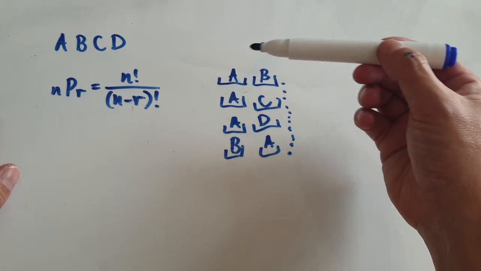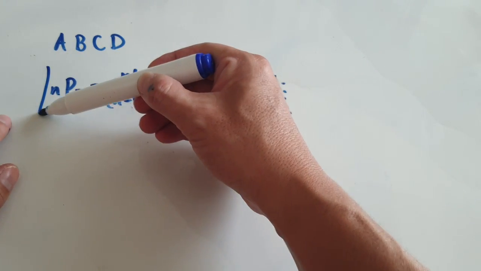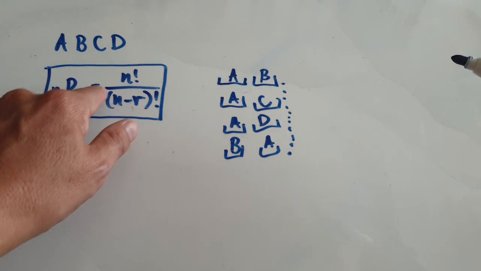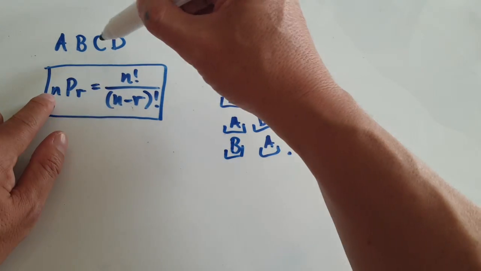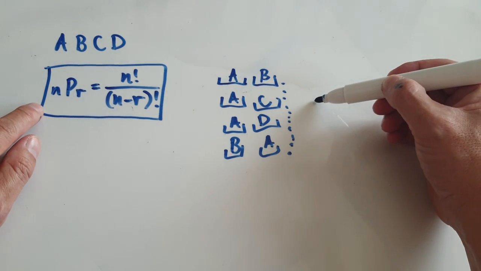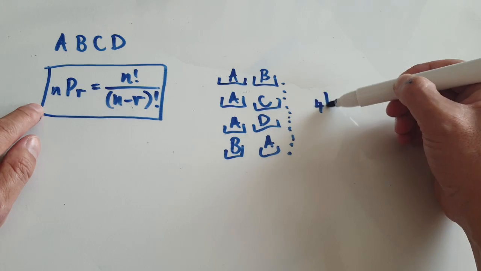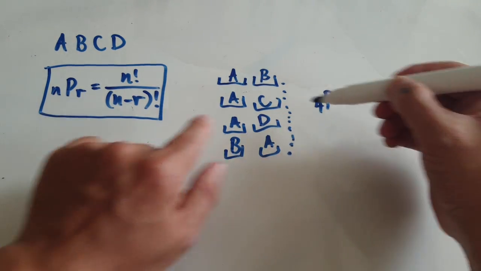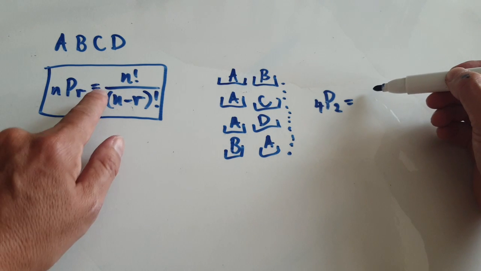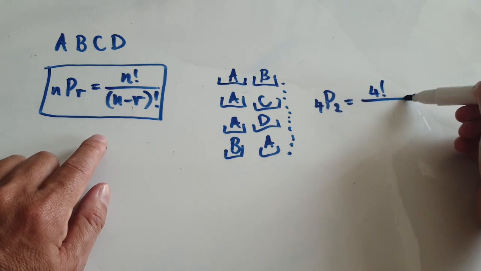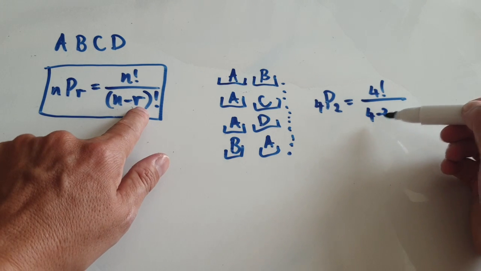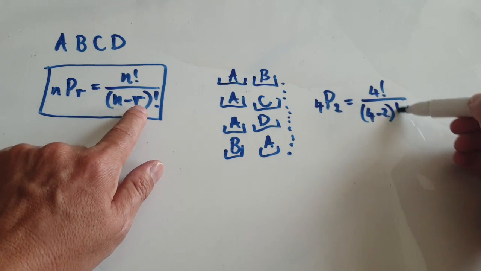Well, it turns out that you can use this formula, and we need to understand why this formula exists. So here, there are 4 options, so that would be 4 P, and then 2 slots would be 2. If you plug this in, it would be n factorial over 4 take away 2, because r is 2 slots, factorial.